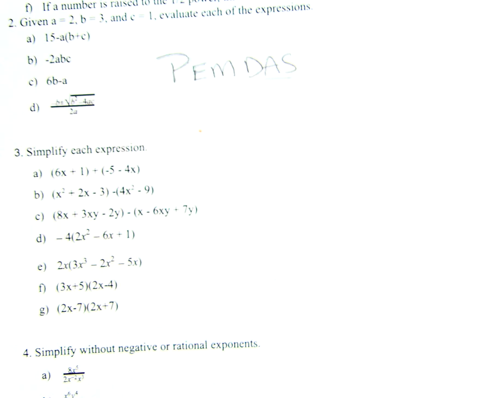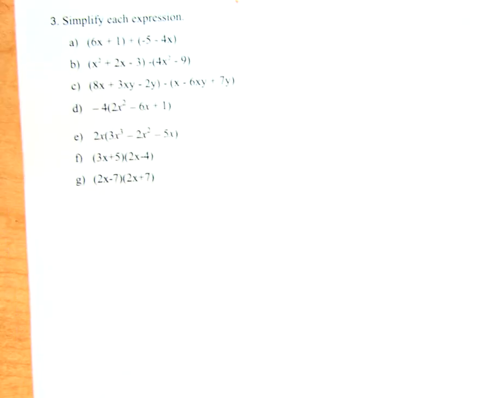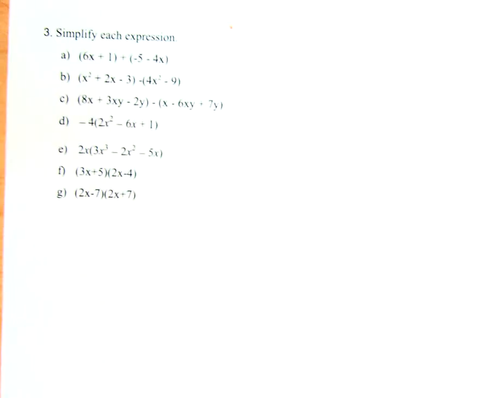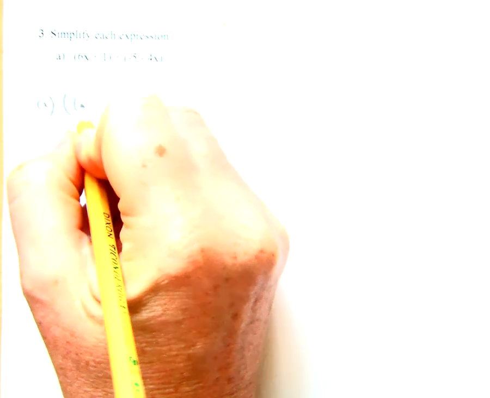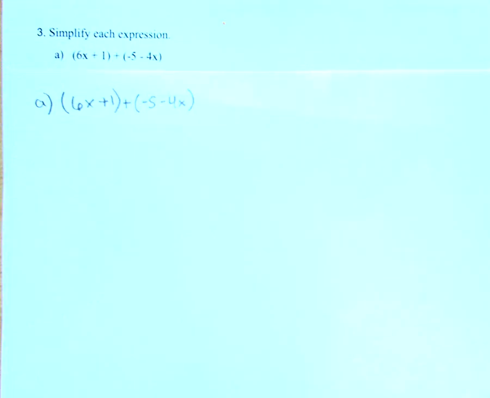The next section says to simplify. I'm going to flip my paper upside down, so you may see a little upside down work here. Simplify each expression. So my first one just says add your like terms. So 6x plus 1 plus negative 5 minus 4x. So I'm actually just going to add my like terms.